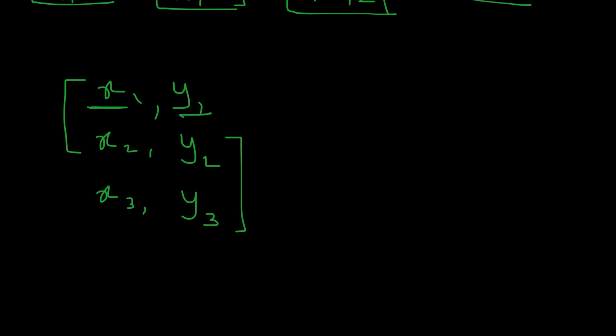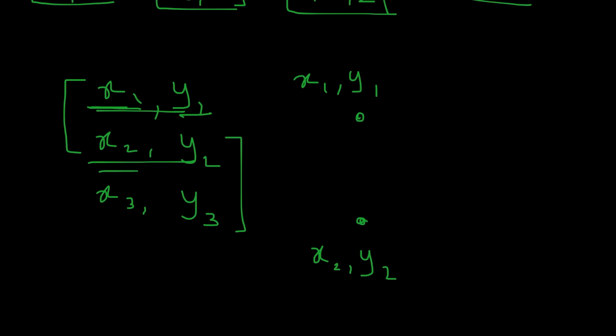So for the first two problems, the x coordinate is same. So I can mark the 2 points like that, x1 comma y1, x2 comma y2, that is on the same vertical line.